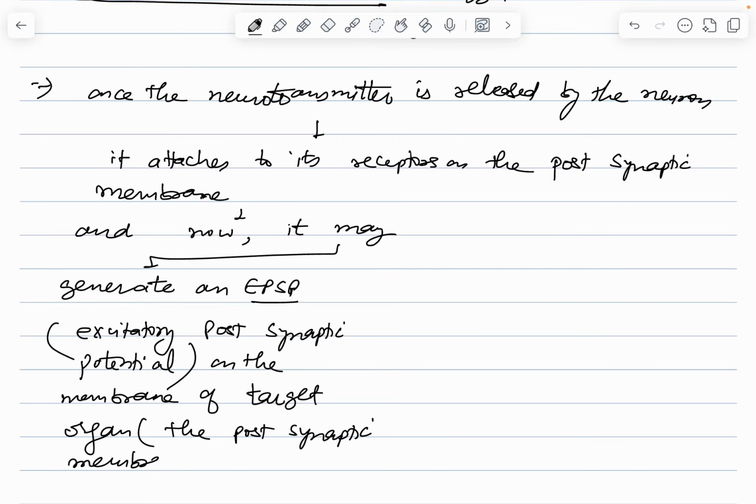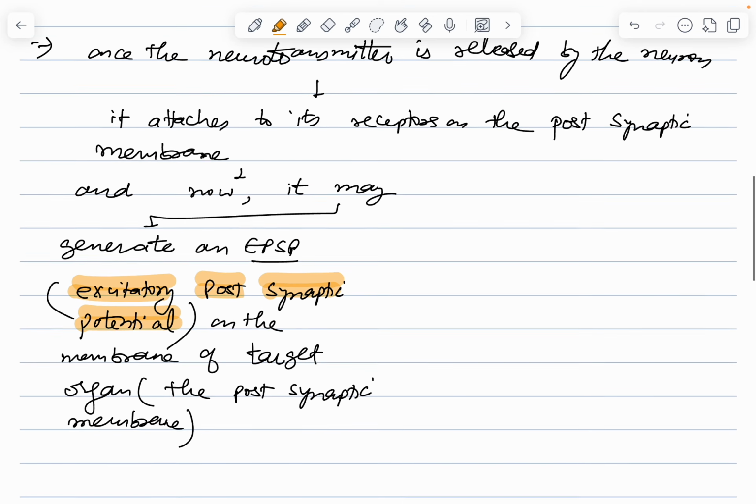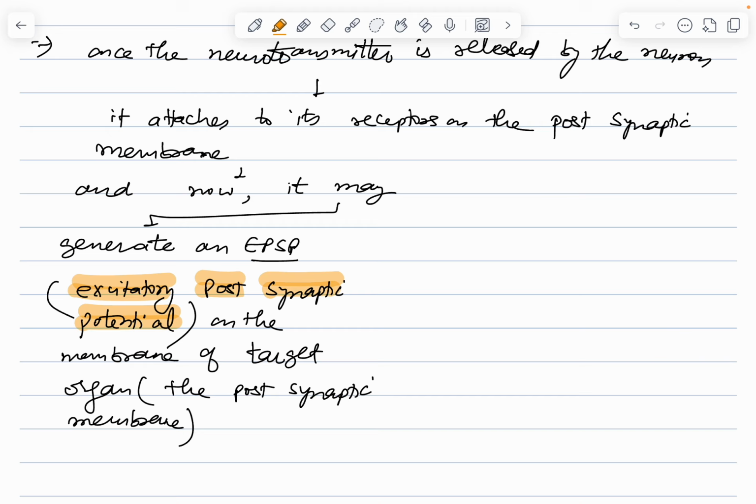So if we look at the word carefully, excitatory postsynaptic potential. On the postsynaptic membrane, a potential is generated that is basically excitatory in nature, so that the organ gets excited for performing or stimulated for performing a function.